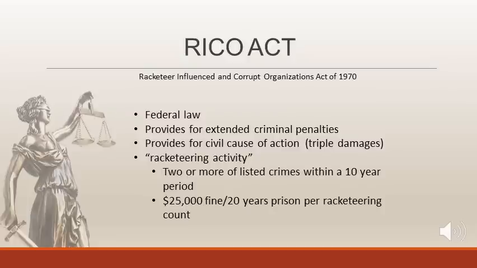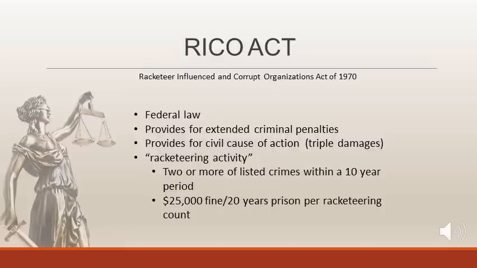The RICO Act does several things. It extends criminal penalties. It provides for triple damages in civil actions, and it defines and goes after racketeering activity or a specific pattern of illegal activity.